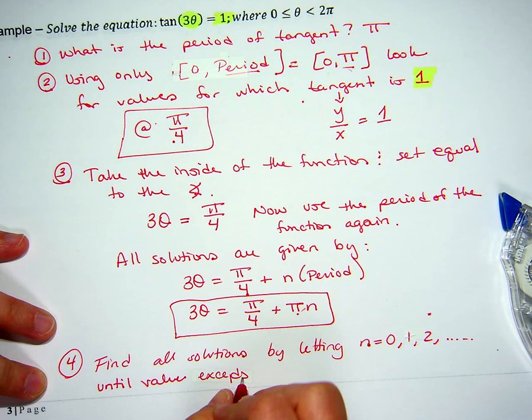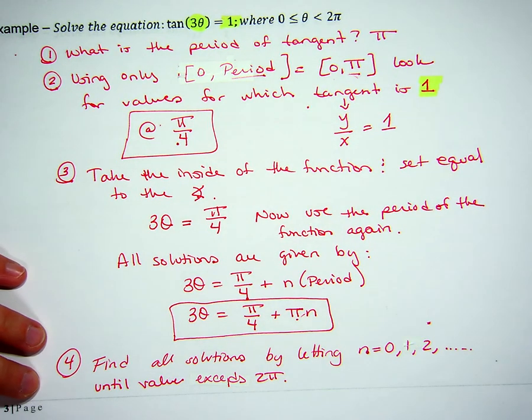So let's talk about that. Okay. So now I have 3 theta equals pi over 4 plus pi times n.